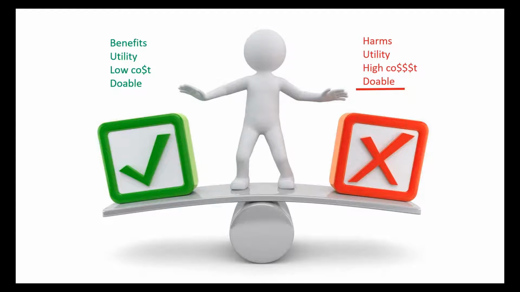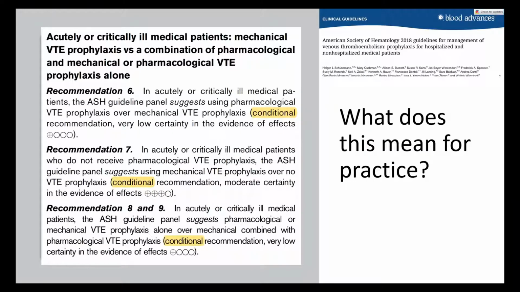So considering the risk for bleeding as well as the risk of a VTE, the actual clinical practice guidelines that relate to acutely or critically ill medical patients would say the following, with regards to mechanical versus a combination of pharmacological and mechanical prophylaxis, or pharmacological prophylaxis alone.